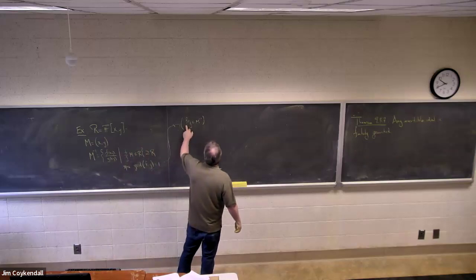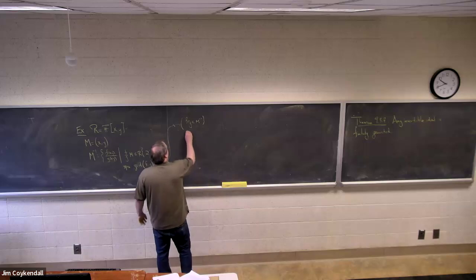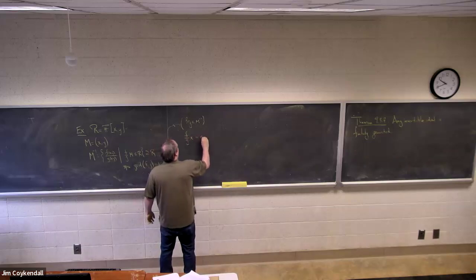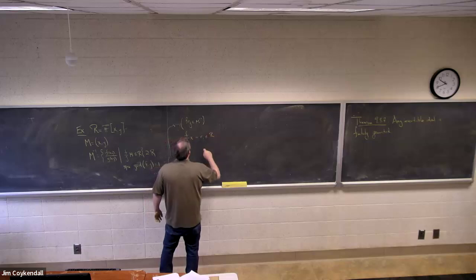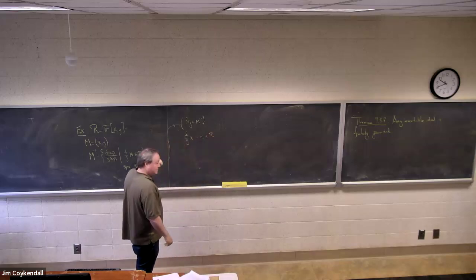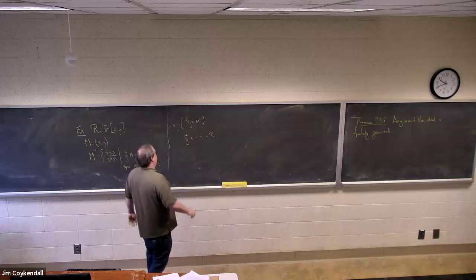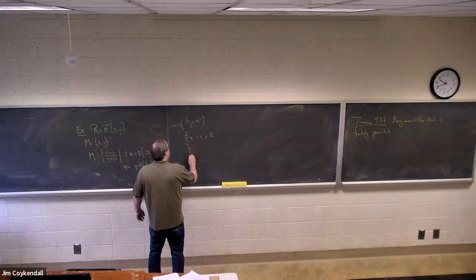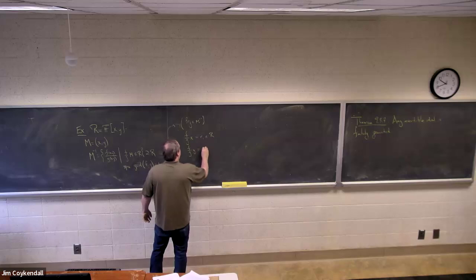Now, what this means is F over G times X is R1 in R, and F over G times Y is R2.